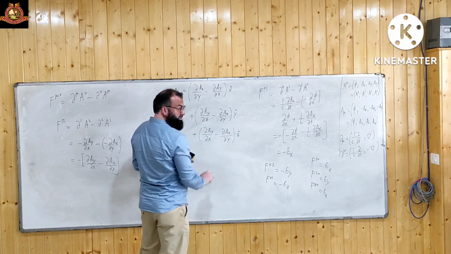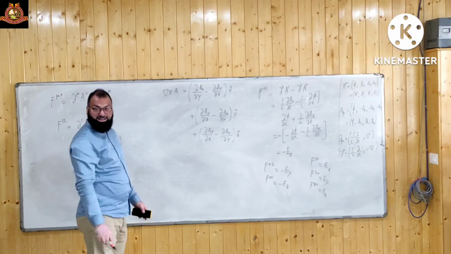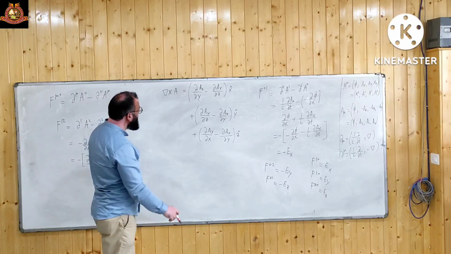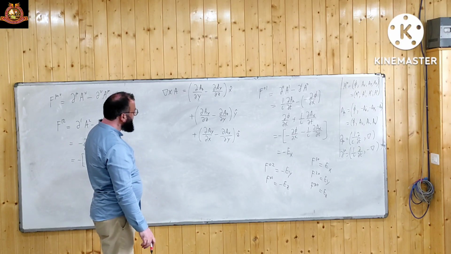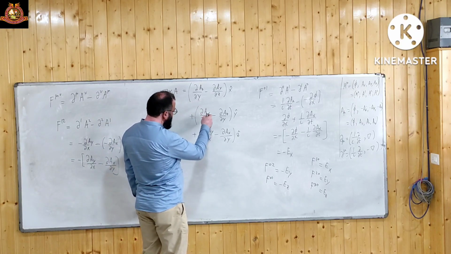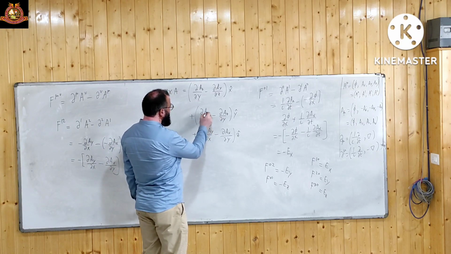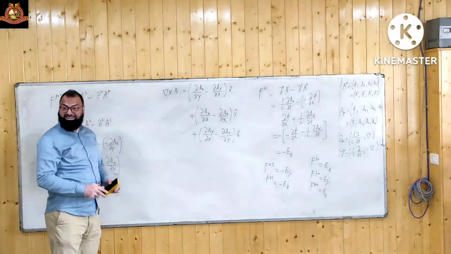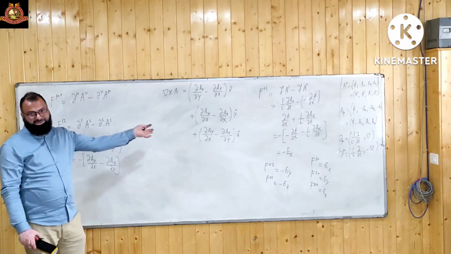So this is the z component, is it? Second, partial AZ by partial x, second y component. Clear? So this is how you evaluate it.